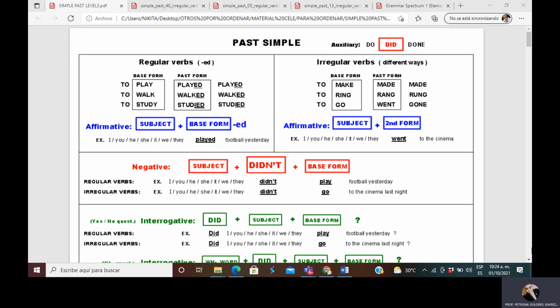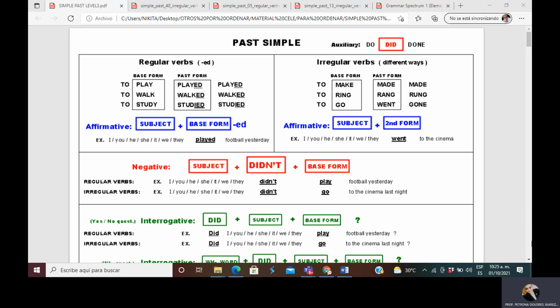Recuerden, les vuelvo a repetir, los verbos irregulares son todos aquellos que rompen reglas, no siguen reglas y por lo tanto los vamos a trabajar de otra manera. ¿Ok? Estoy enviando al grupo de WhatsApp nuevamente la lista de verbos para que entiendan de qué estoy hablando.